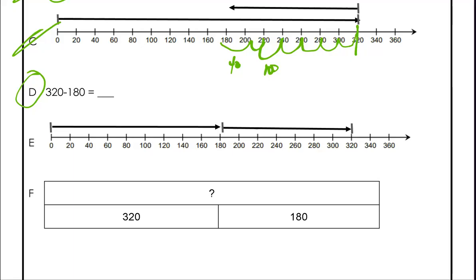But are they taking anything away? No. So E is out. F. We have the whole question mark and we had the part 320 and the other part 180. So we know in the strip diagram, we have our total. It goes in the whole part and it is not. So it is out. Okay.